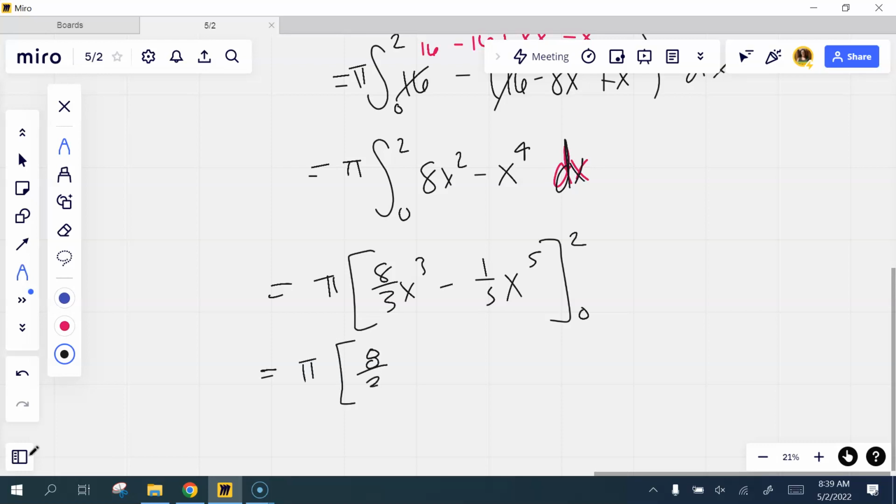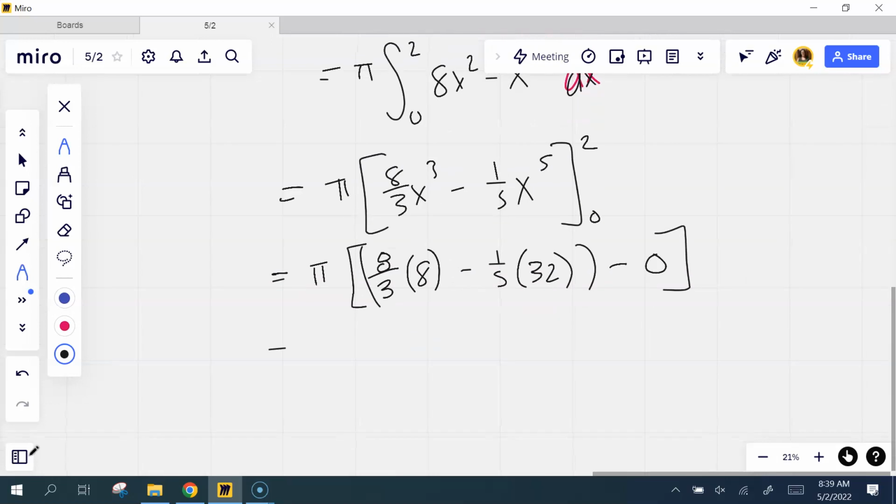This is going to be 8/3 times 8 minus, of course, the 0. I think you're just seeing if I can do these fractions. 32/5.